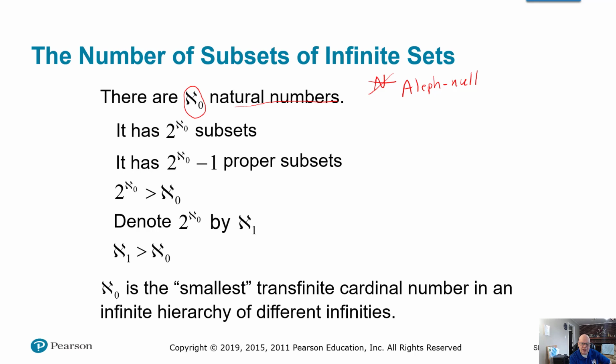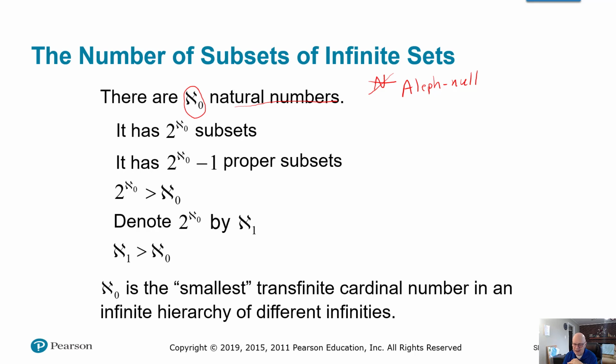So look at how many subsets it has. It's 2 to that number. How many proper subsets? Just subtract 1 from the total. Now, it talks about transfinite cardinal number and so on. We're not going to bother with that, but if you're interested, this is the smallest transfinite cardinal number.